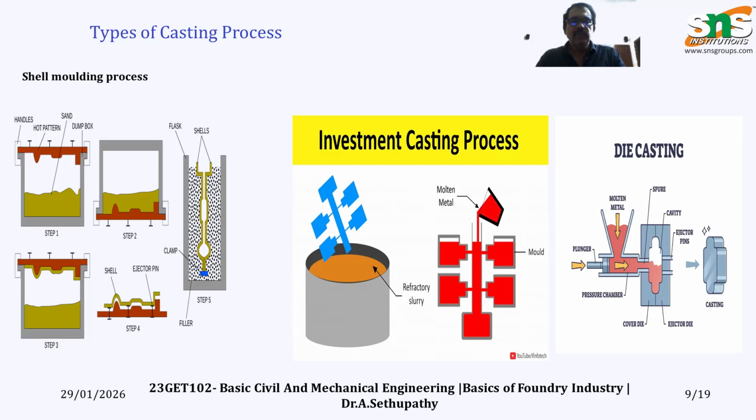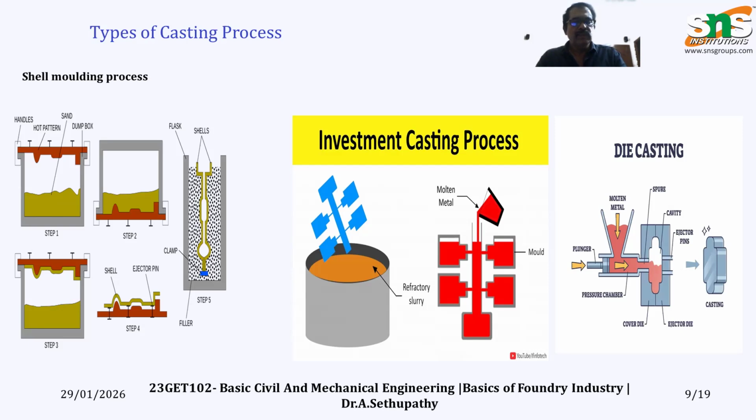Now the box is rotated by 180 degrees, so the sand particles fall on the heated pattern. The heated pattern melts the resin, so the sand particles become cohesive and stick to the pattern where the projections are fixed.